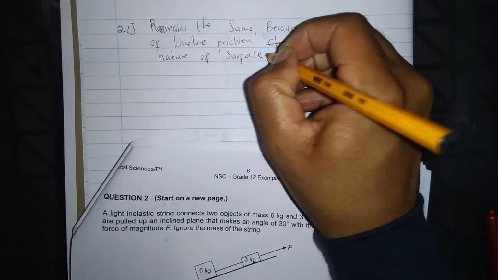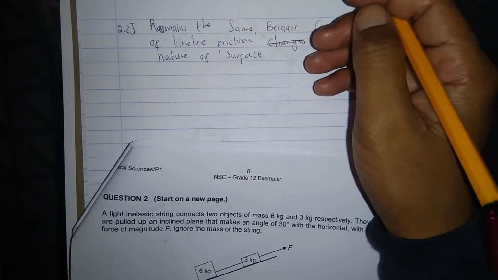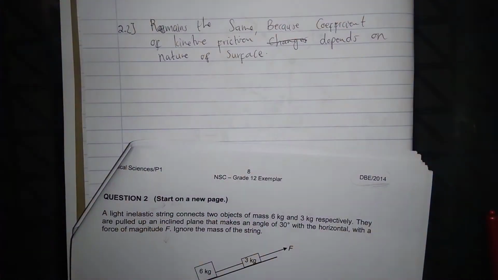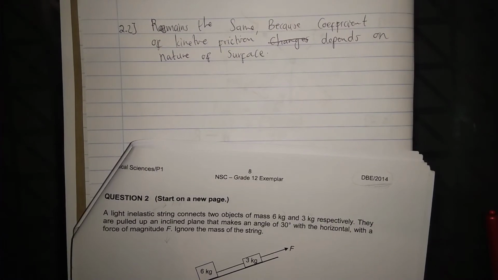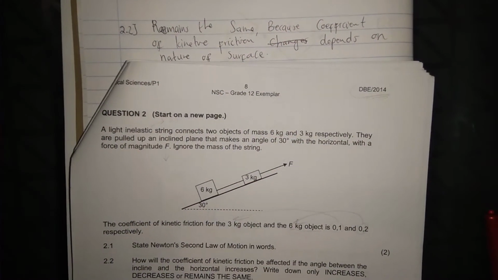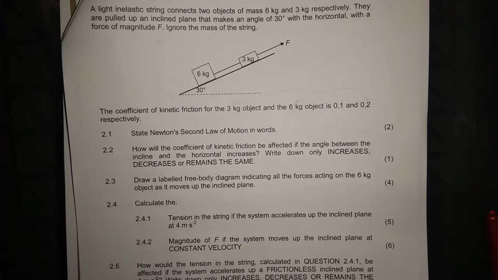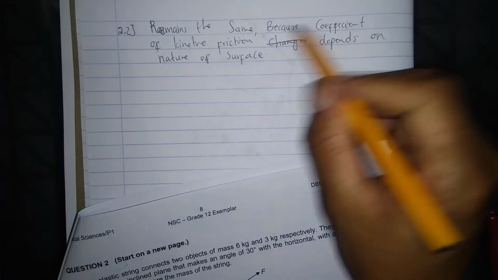Whether we increase the force, whether we increase the angle of the incline, whether we push or pull, the fact remains that the coefficient of kinetic friction depends only on the nature of the surface.